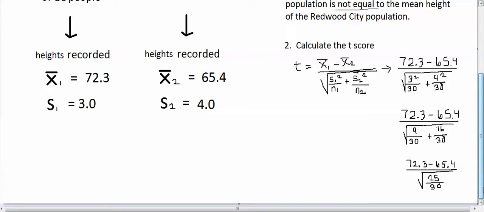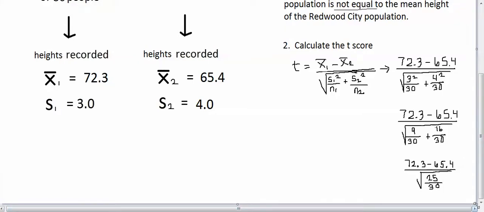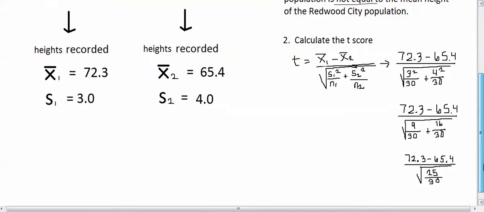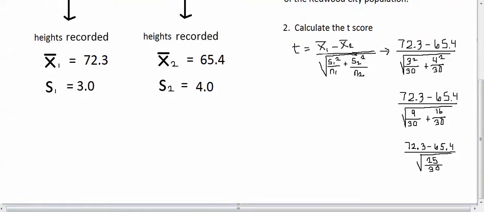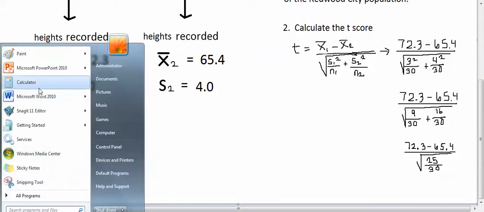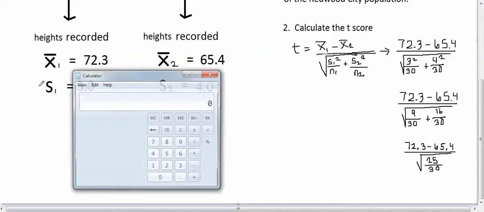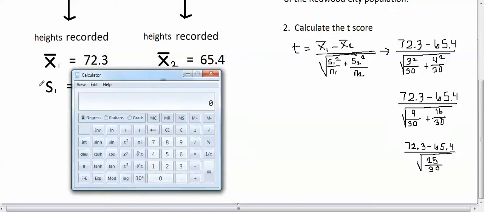Now we're going to divide 25 by 30 so that we have one number under the radical. Comes out to 0.83.